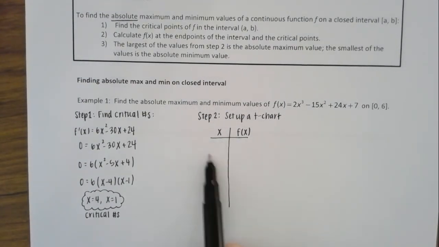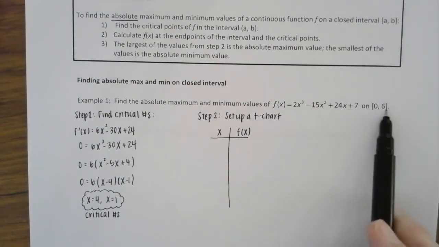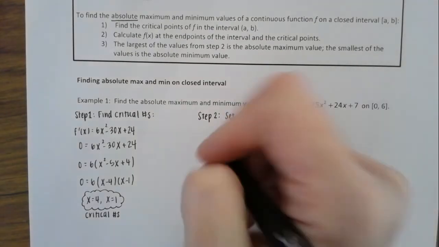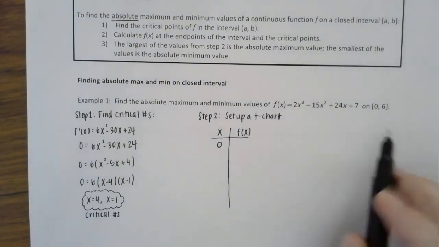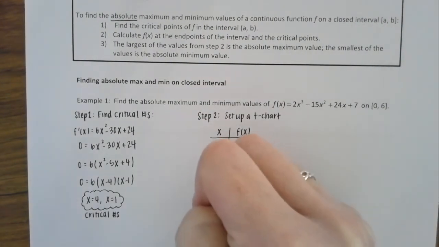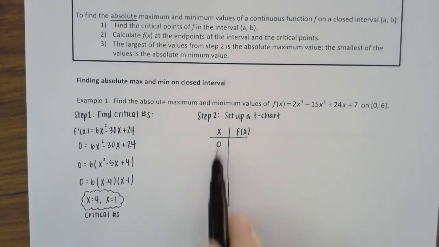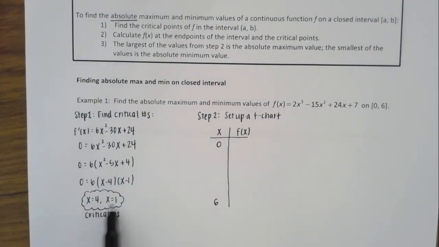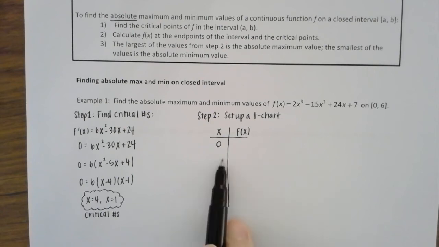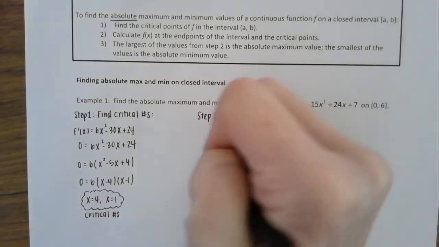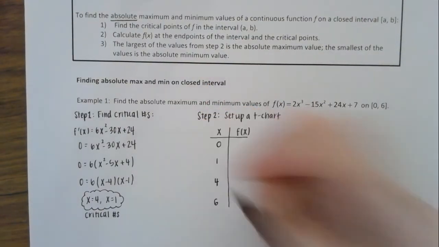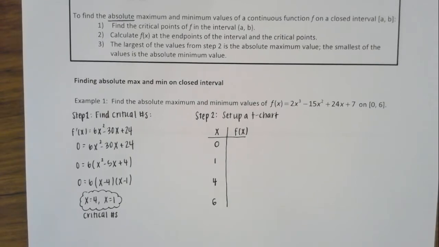The values that I'm going to put on the left are the endpoints of the interval. So I'm going to start with 0 and end with 6, because that's my interval from 0 to 6. And then I want to put the critical numbers that I found in step 1 in here so that I can calculate what the f of x values are.